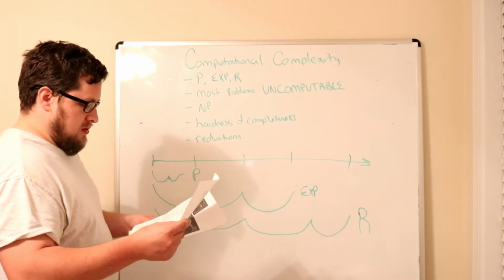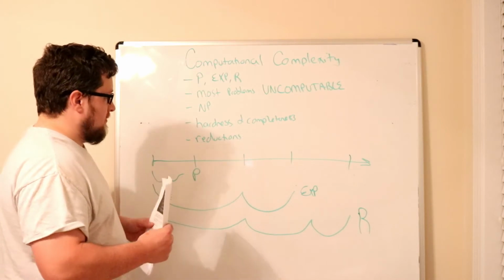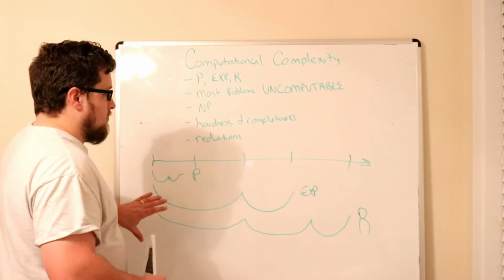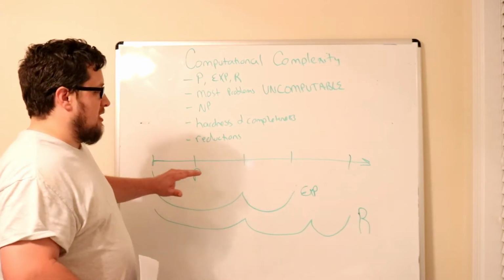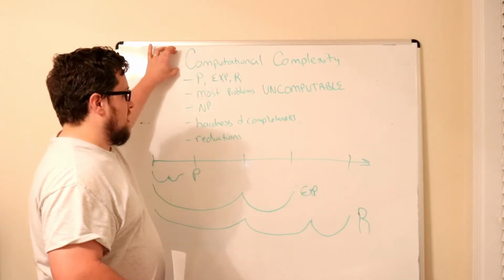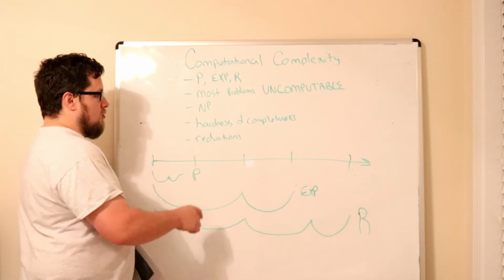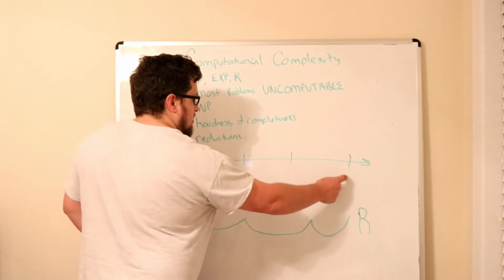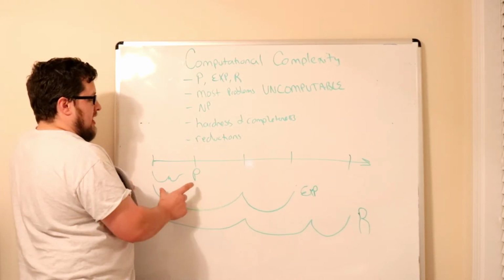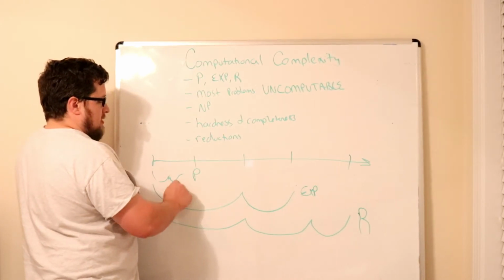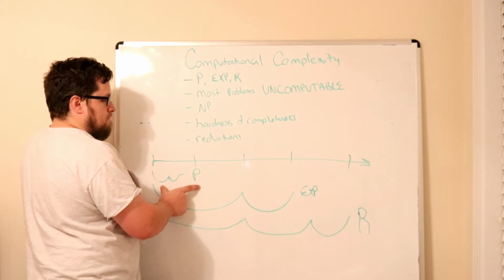Alright, so first off, let's talk about my beautiful drawing here. This line represents computational complexity. We have 4 dashes here, and in this first little window we have P, polynomial time.